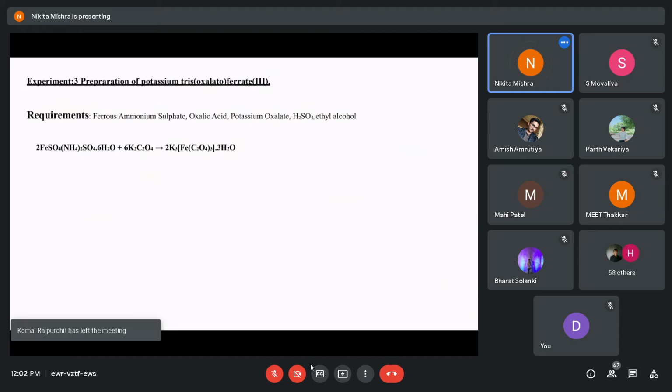Practical number 3 is the preparation of potassium tris(oxalato)ferrate(III). Again, first of all, we need to see the requirements. What kind of requirements are there? First, we need to take ferrous ammonium sulfate, oxalic acid, potassium oxalate, sulfuric acid, and ethyl alcohol as a solvent.